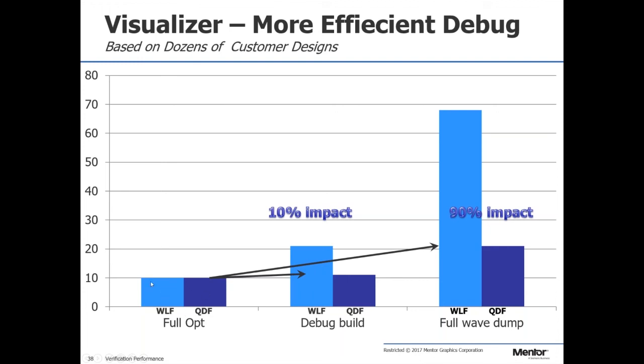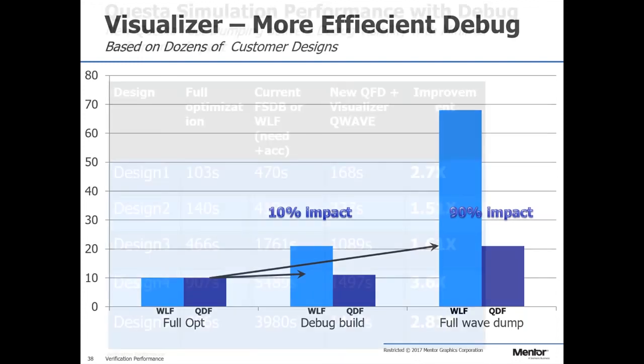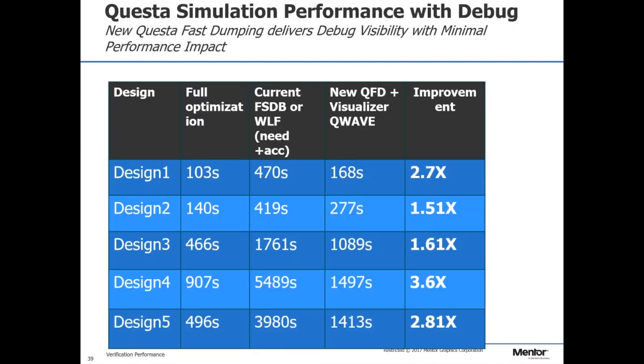Compared to that regression run, collecting all of that, you're going to have about a 7x impact on simulation time. With Visualizer, collecting that same data, you're only about 2x slower. So your debug simulation runs are going to be much faster for Visualizer because it has a much more efficient way of collecting that data. And then here's some design examples.